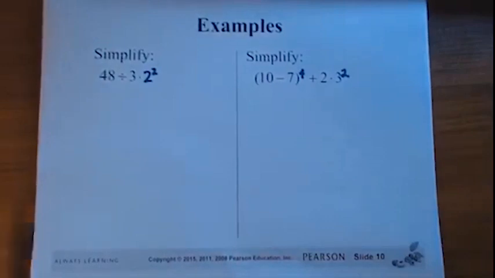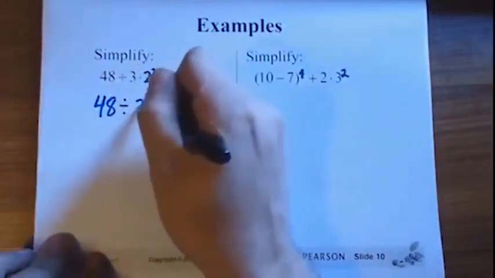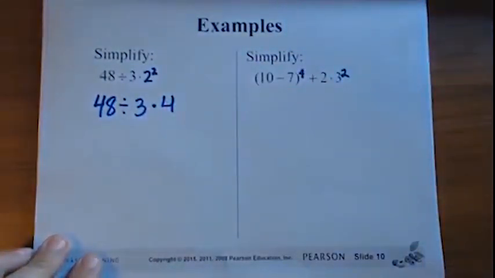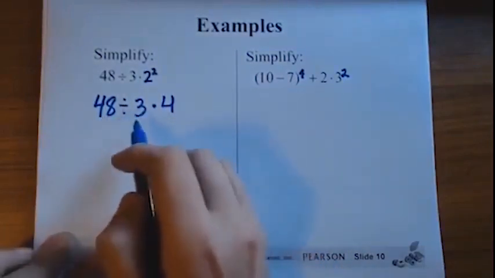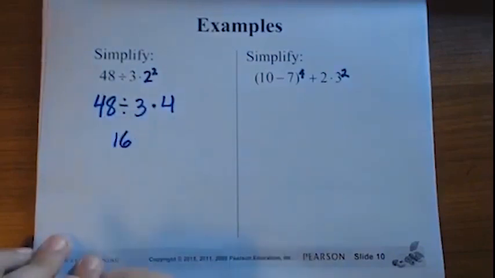So on the left, if we're doing PEMDAS, no parentheses, so we do the exponent first. 48 divided by 3 times 2 squared, 2 squared is 2 times 2, that is 4. Then multiply or divide from left to right. 48 divided by 3 is going to give you 16.